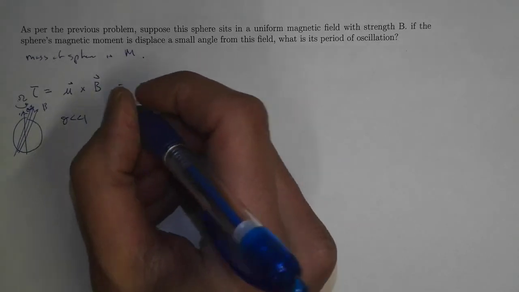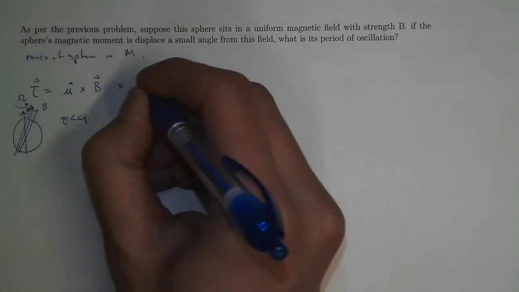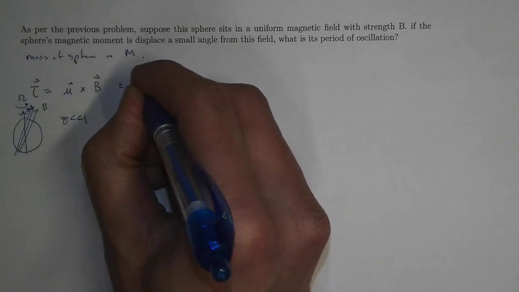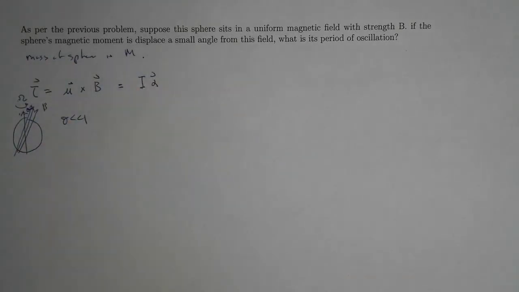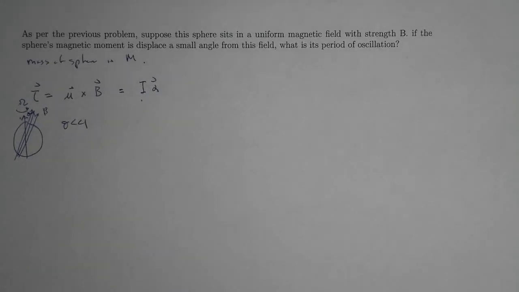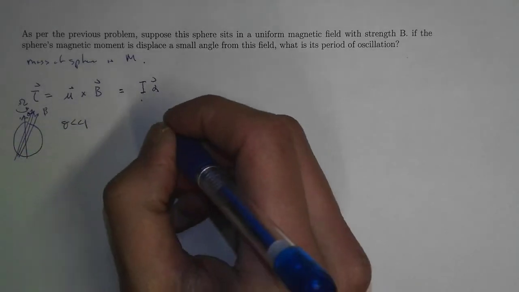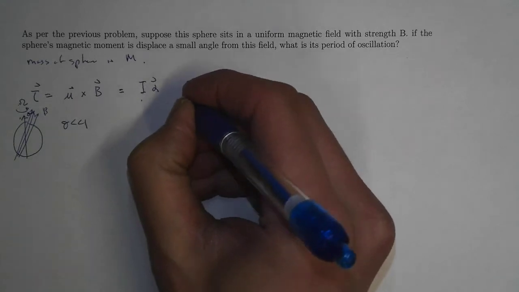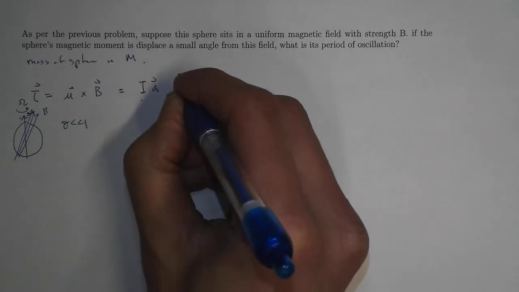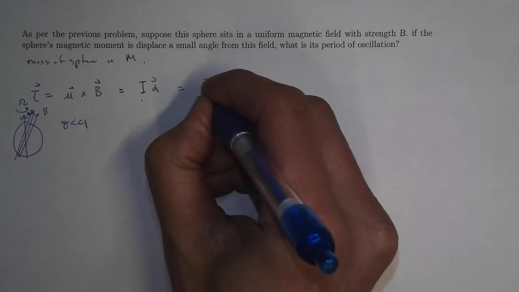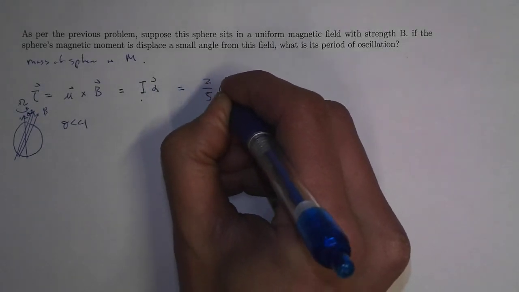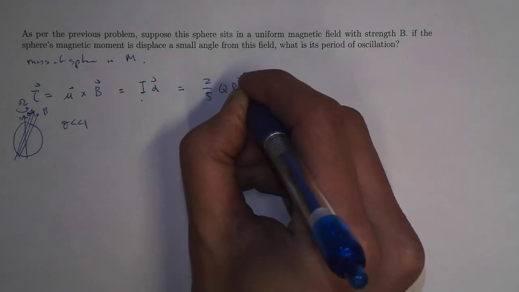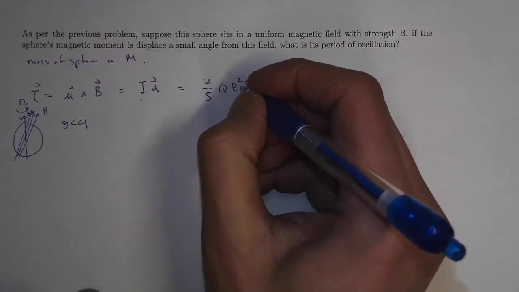Okay, so if this were the case, let us calculate this. As you recall, this is going to be equal to I times alpha, where I is the moment of inertia and alpha is the angular acceleration. If we do this correctly, we found out last time that the magnitude of mu is just 2/5 q r squared times omega.